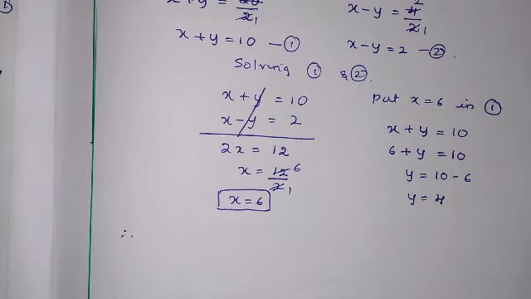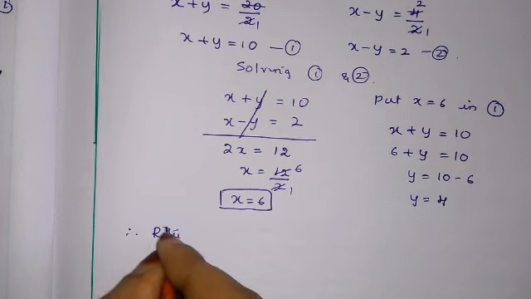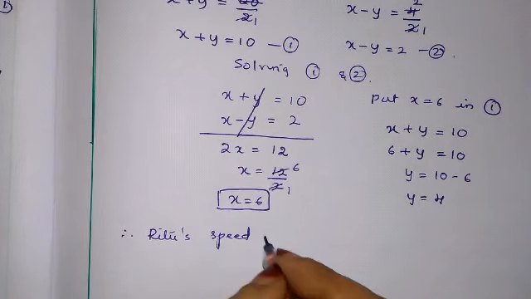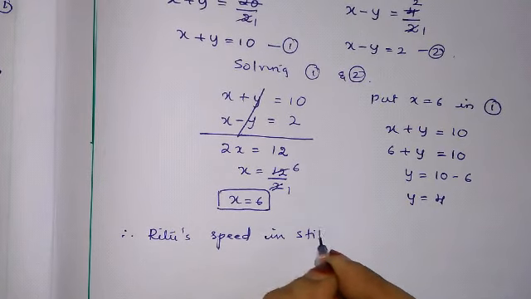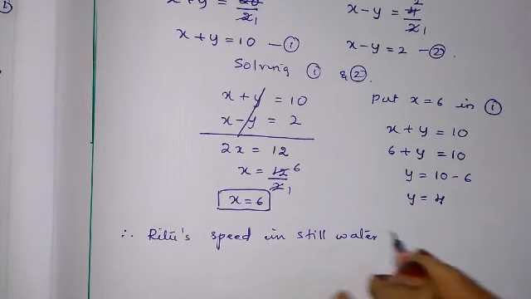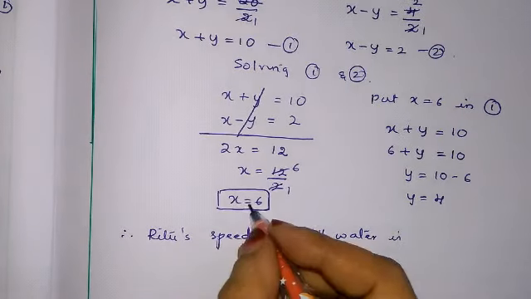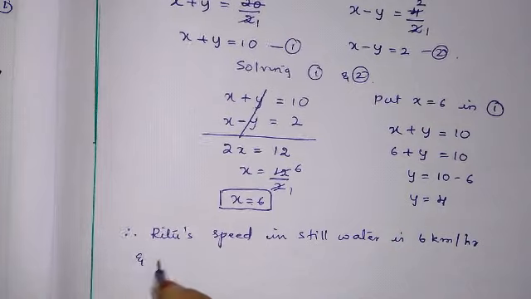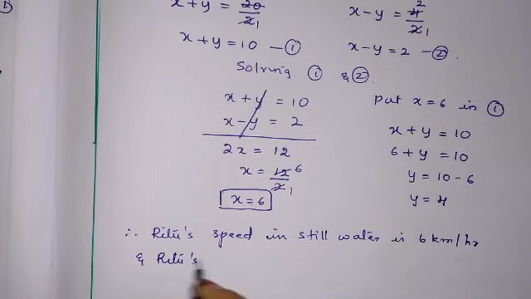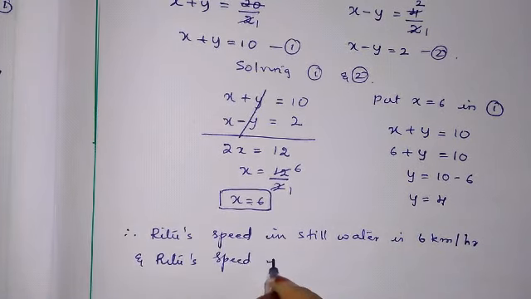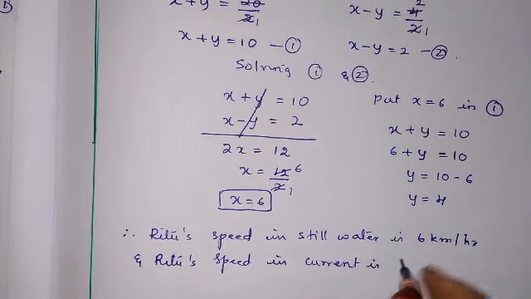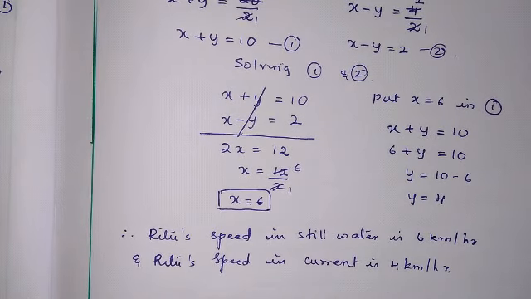Therefore, Ritu's speed in still water is x, that is 6 km per hour, and Ritu's speed in current, that is stream, is y, that is 4 km per hour. This is the solution.